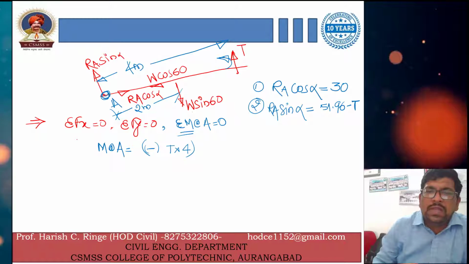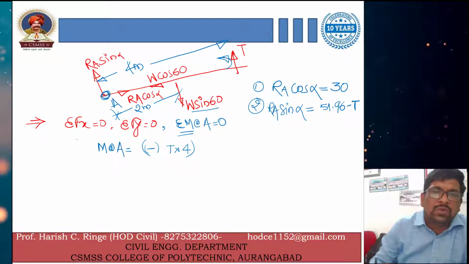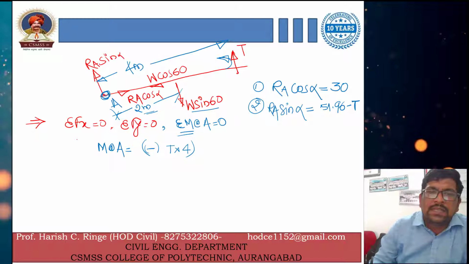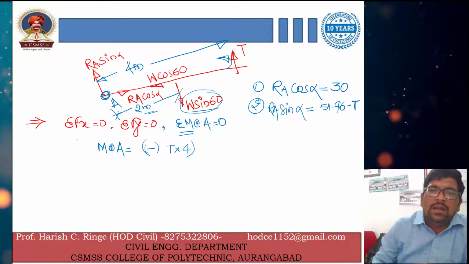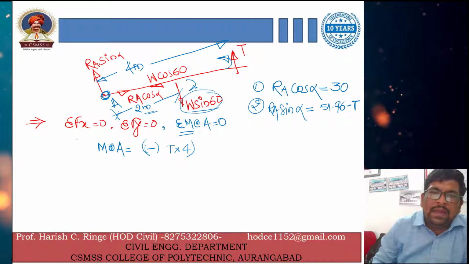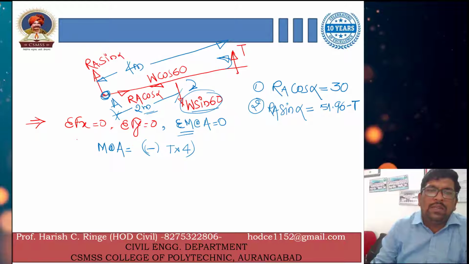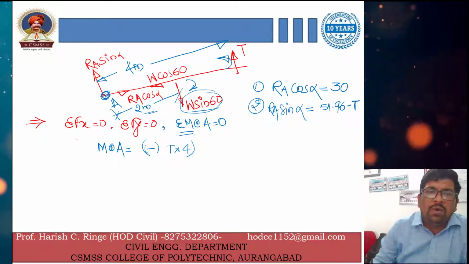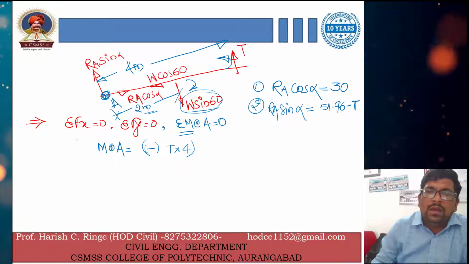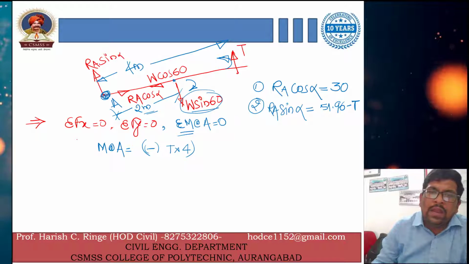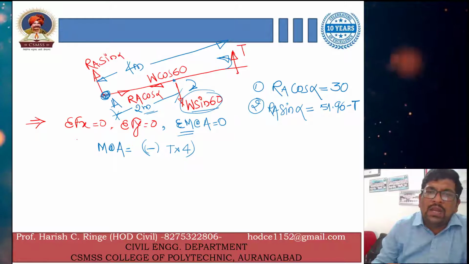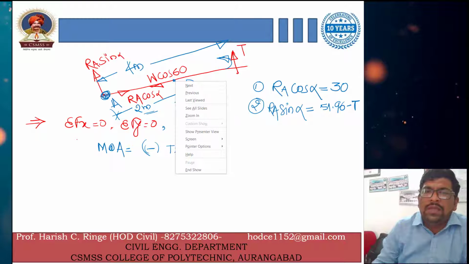Then this W sine 60. From this to this is a 2-meter space, and this is the value W sine 60, and it will be acting like this. How to check this? Just keep a thumb on point A, keep another finger at the point of this loading, and just rotate your finger in the direction of the arrow.